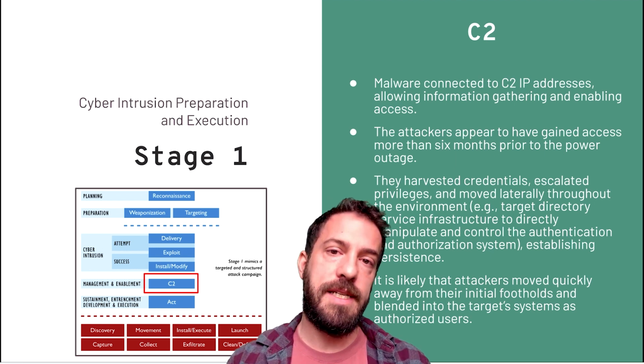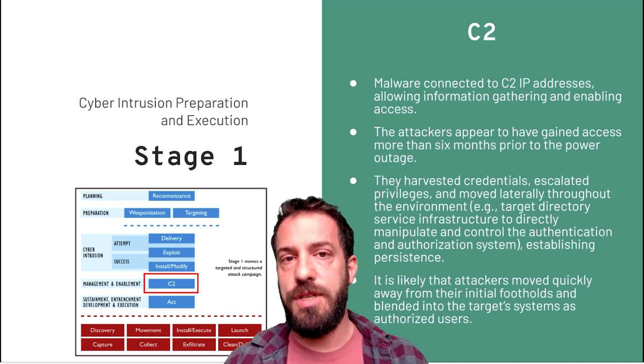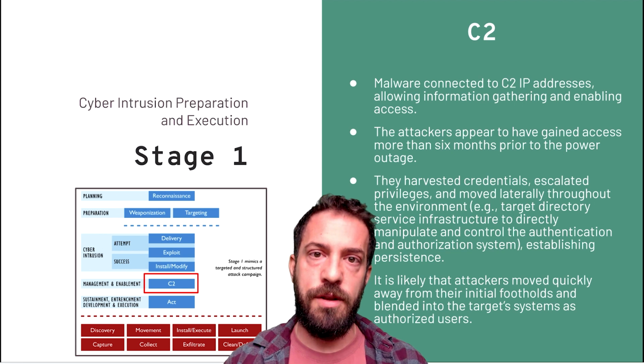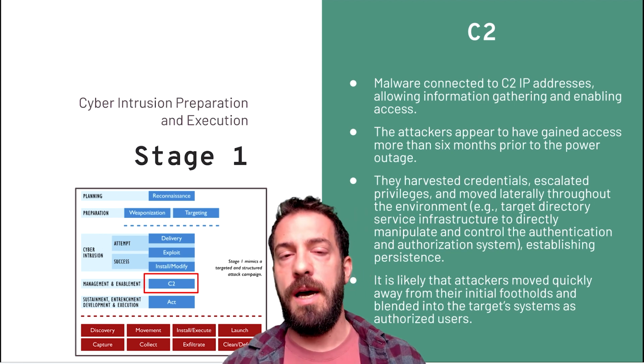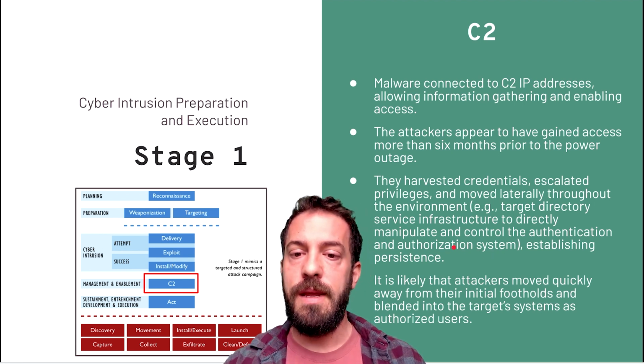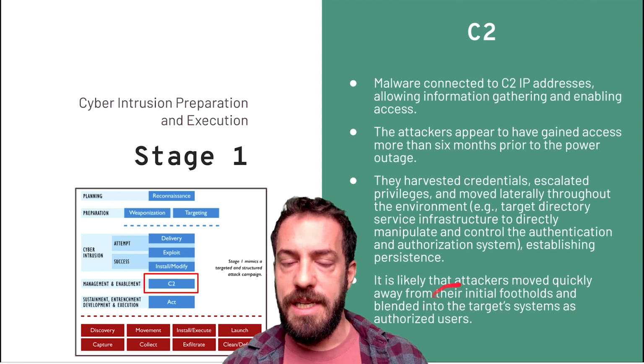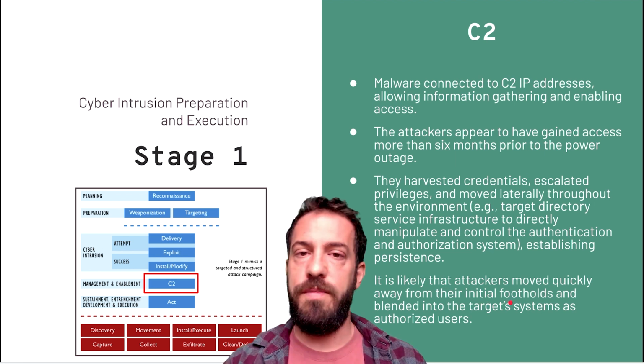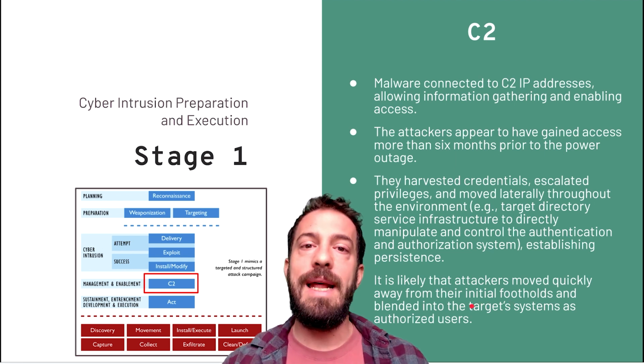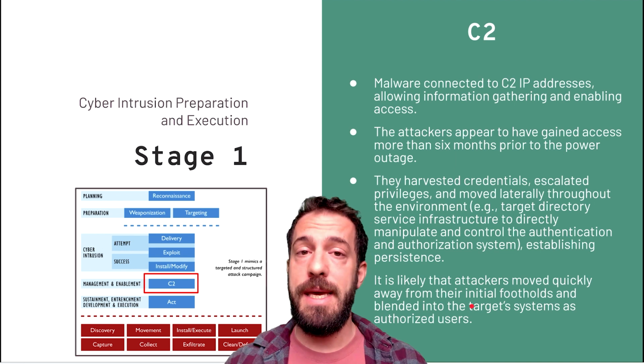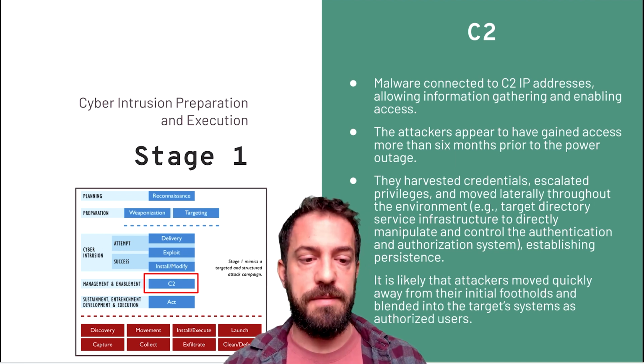So they had credentials to get into the system and do some kind of action that at the end of the attack would actually be to turn off power. So as the last bullet says, they quickly moved from the initial foothold to blending within the target system and being authorized users of the systems themselves.